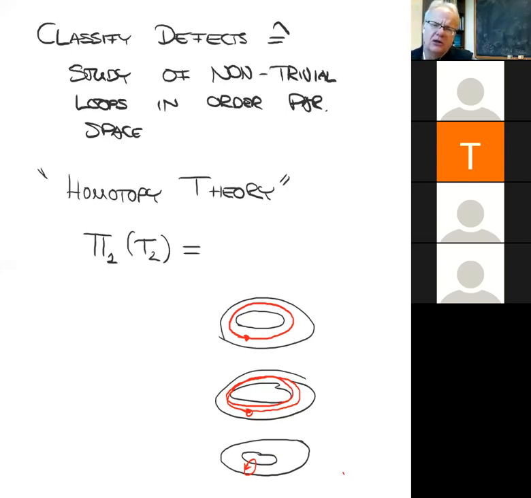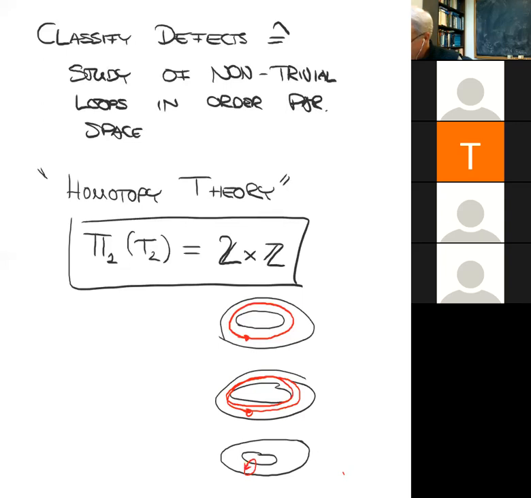So somehow these loops are classified by two numbers, and these two numbers are winding numbers. They tell you how many times you go around each one of the directions in the torus, okay? And the way mathematicians say that is that this homotopy group is just a product of two numbers that are integer numbers of either sign.